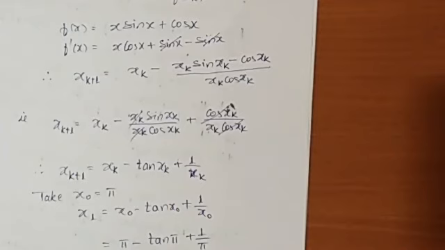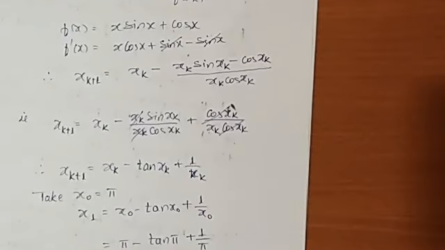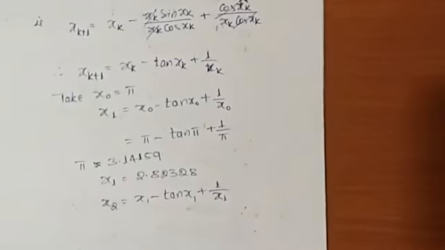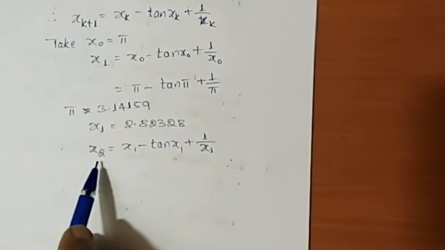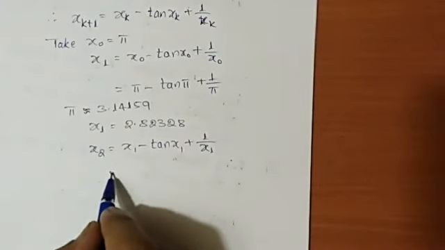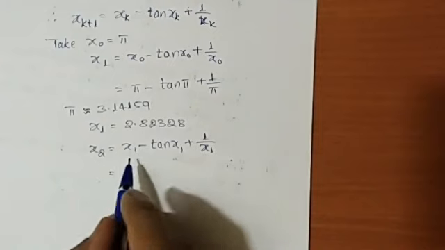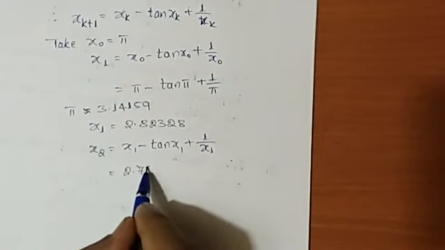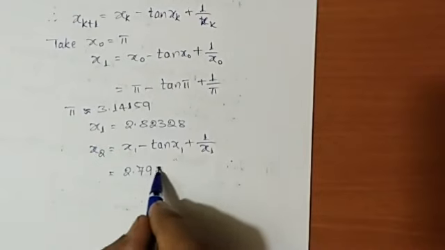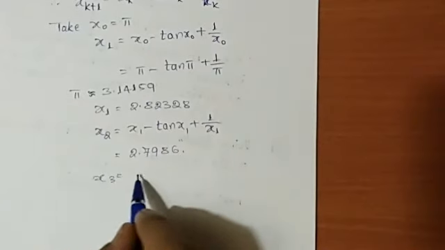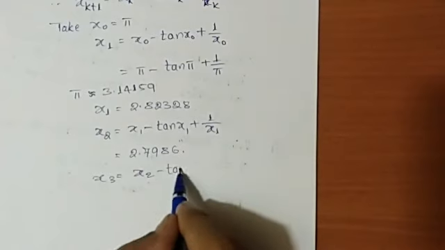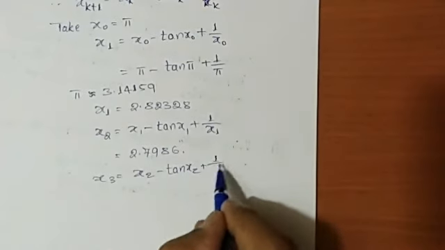If I use this one, x2 will be x1 minus tan x1 plus 1 by x1. I use this value here. If I simplify this, x2 will be equal to 2.7986. Like this, x3 will be x2 minus tan x2 plus 1 by x2.